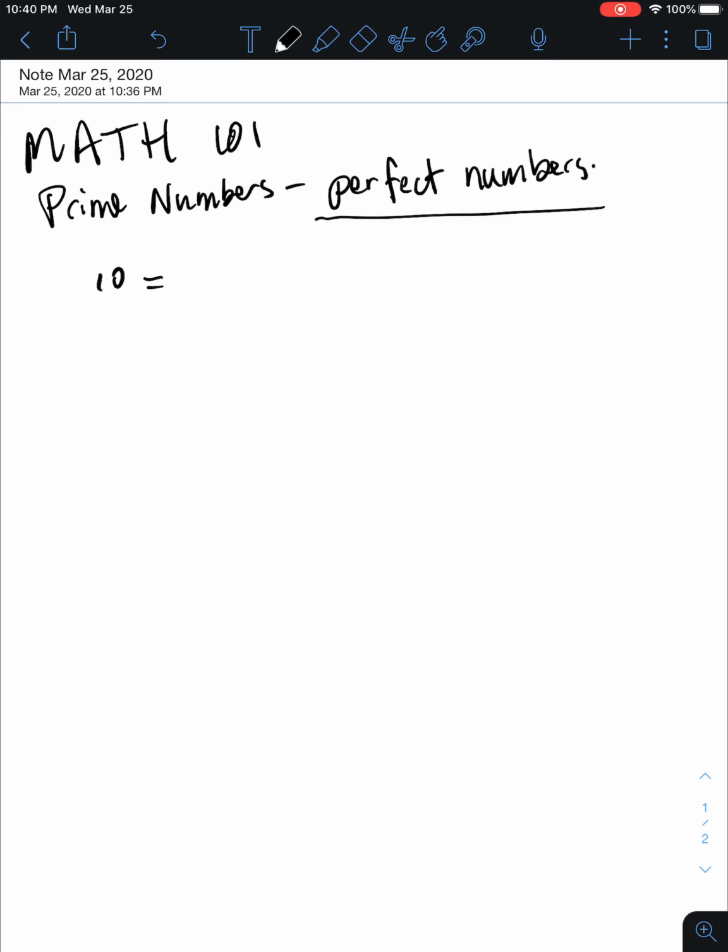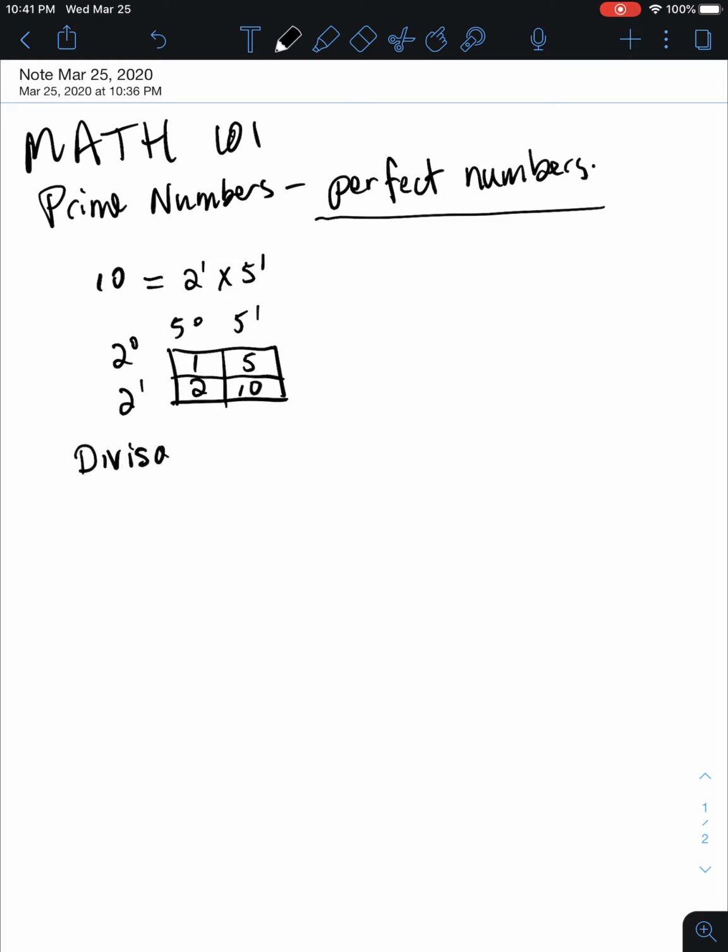In order to do that, remember, we can find the prime factorization of 10, and that always gives me a table. For 10, it looks like this. So 1, 2, 5, and 10. So the divisors of 10 are 1, 2, 5, and 10.